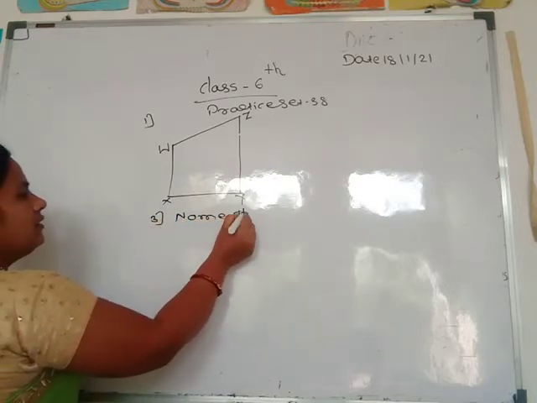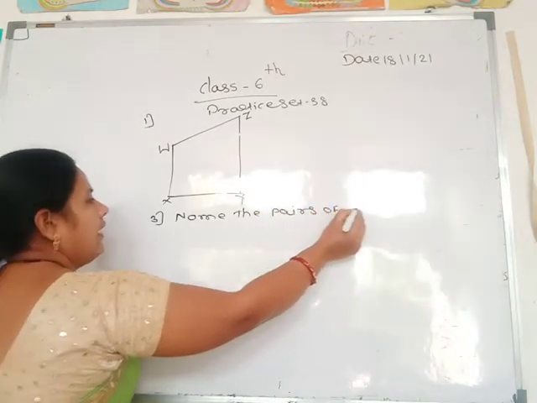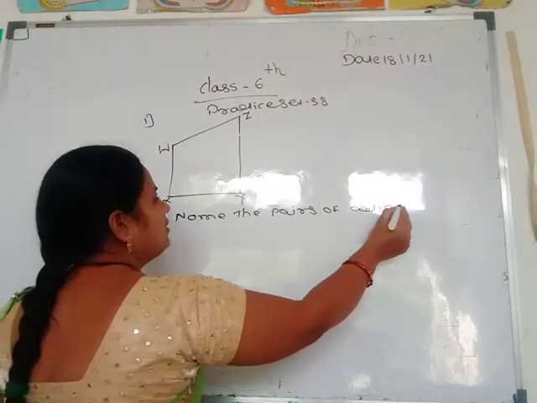In this third example, name the pairs of adjacent sides.